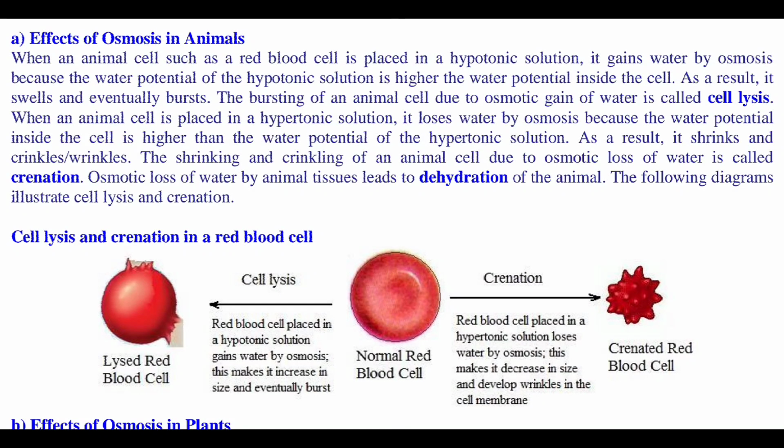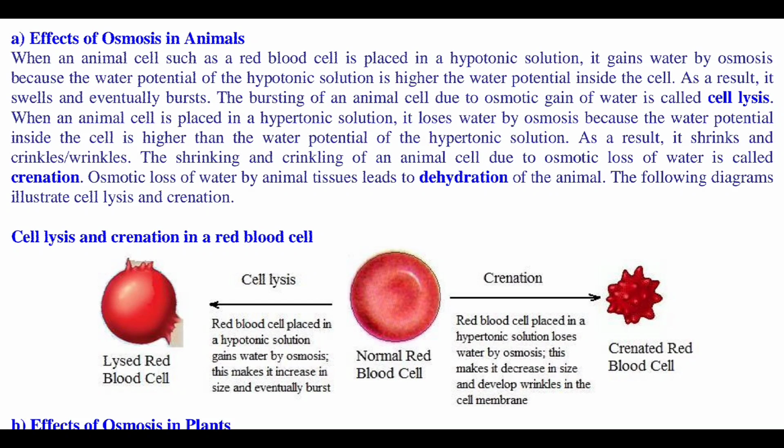Cell lysis. When an animal cell is placed in a hypertonic solution, which has a higher concentration, an animal cell will lose water by osmosis. Why? Because the water potential inside the cell is higher than the water potential of the hypertonic solution. Or in terms of concentration, the concentration inside the cell is less than the concentration of the hypertonic solution.